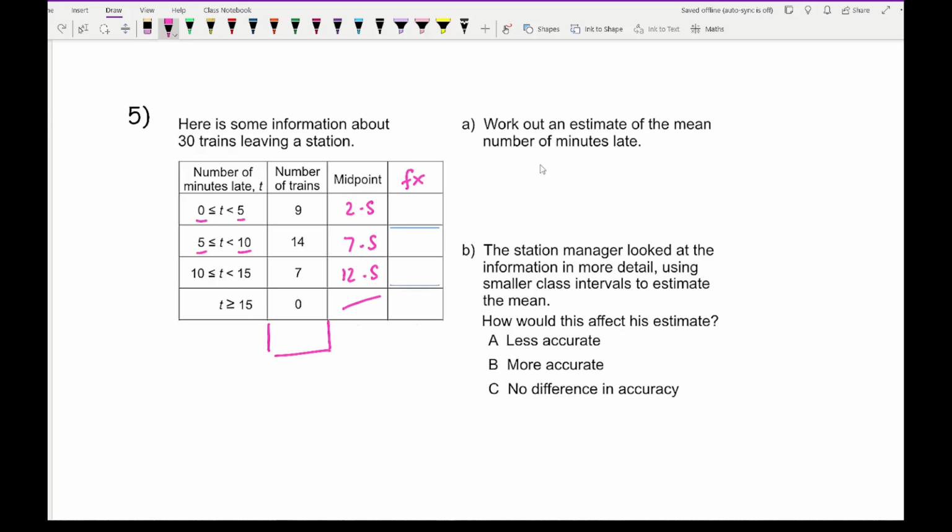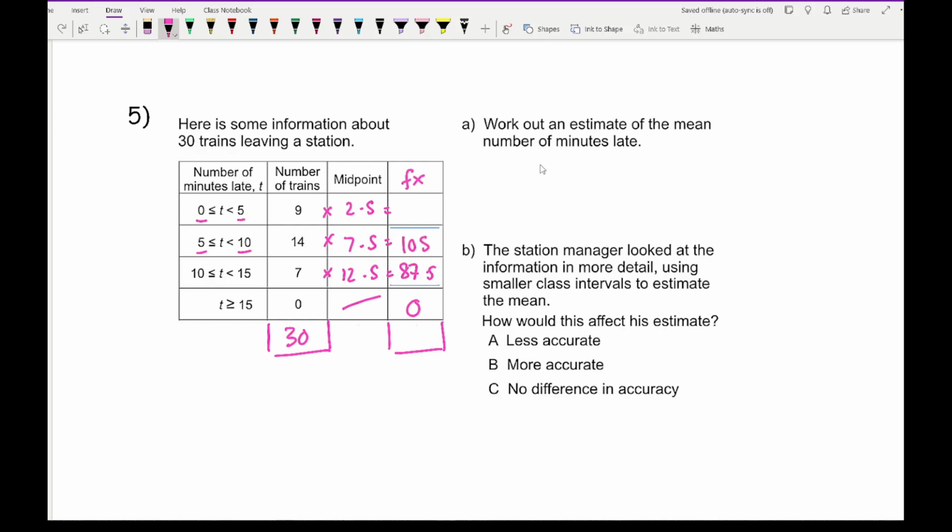So from this, if I then do my further addition, so I've got 9 plus 14 plus 7, which is 30. And then to create the fx values, I just simply multiply them out. And this is going to be 0 anyway. So 7 times 12.5 is 87.5. 14 times 7.5 is 105.